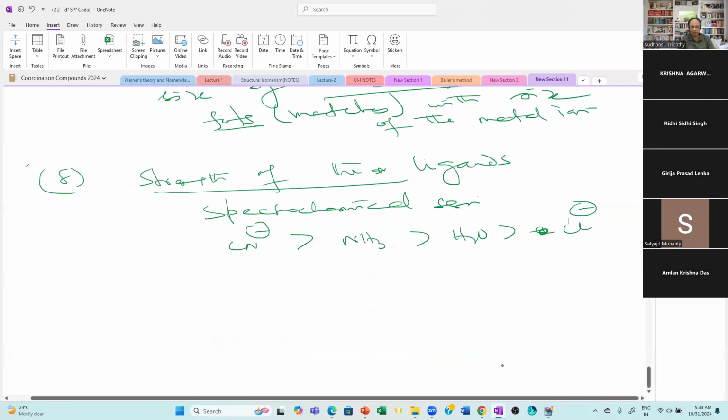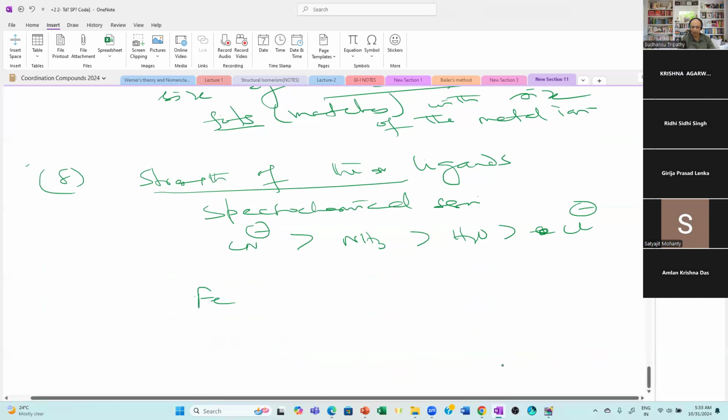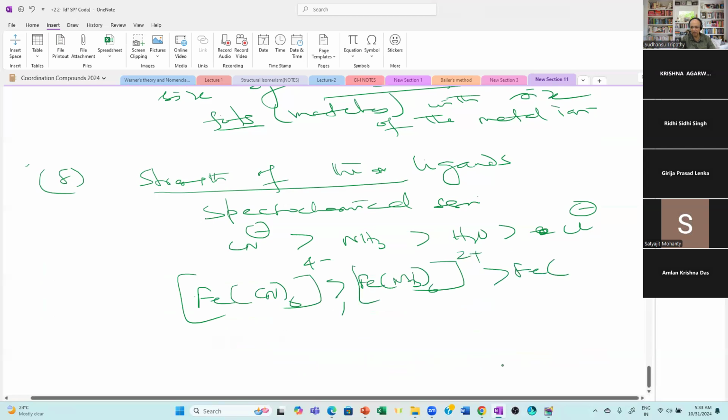Then if you take all same, say iron, hexacyanoferrate(II) 4 minus is more stable than the iron(III) 3 minus.